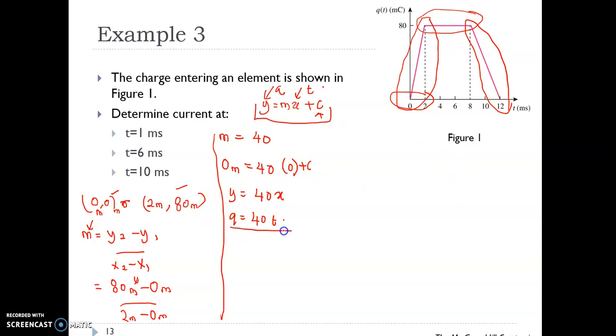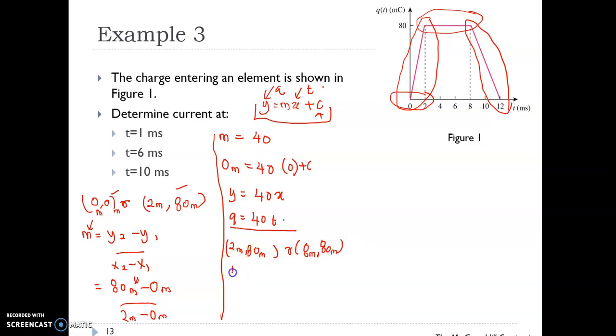Okay. Next, we need to find the equation for the second line. So for the second line, let's take the 2 points, 2m, 80m, and also 8m, 80m as well.